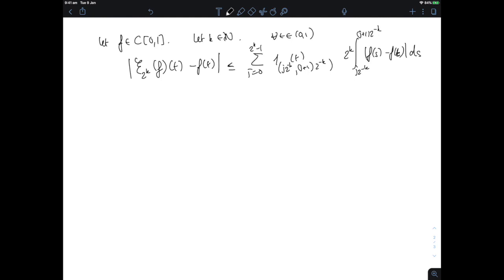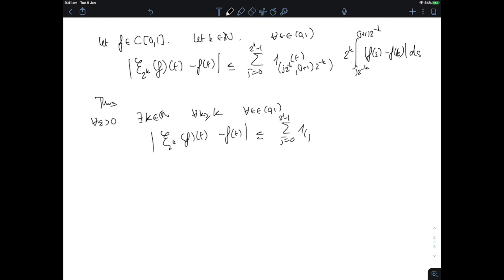Right. And now I can use the continuity of f on [0,1], and so its uniform continuity, to say that therefore for every epsilon there exists a K in ℕ such that for all k greater than this capital K and for all t in [0,1], E_{2^k} f of t minus f of t is smaller than the sum j equals 0 to 2^k minus 1 of this indicator function of t times what's in here, which is going to be smaller than epsilon.